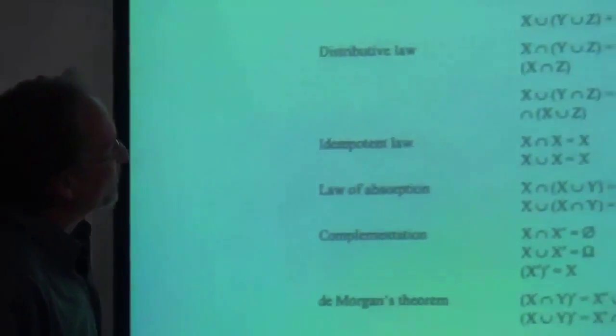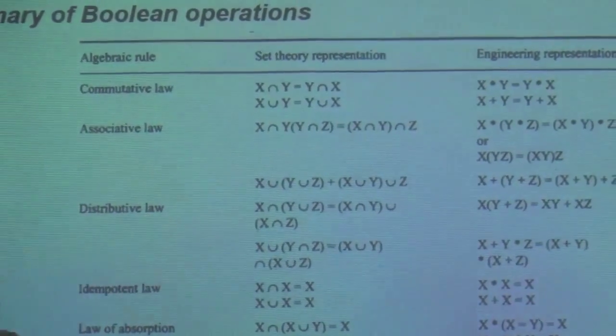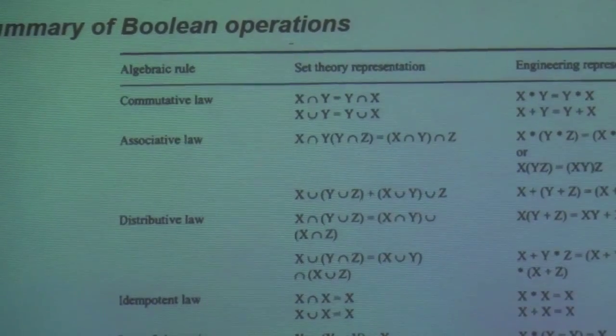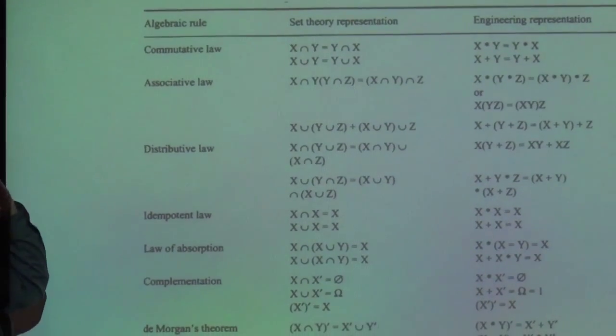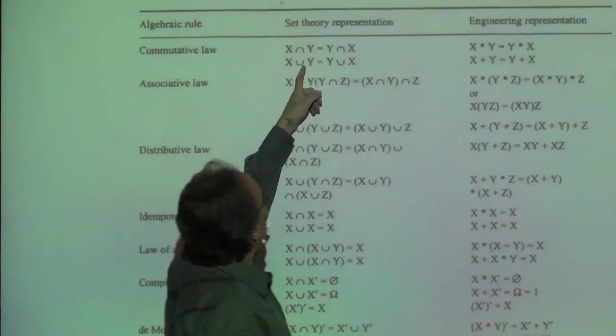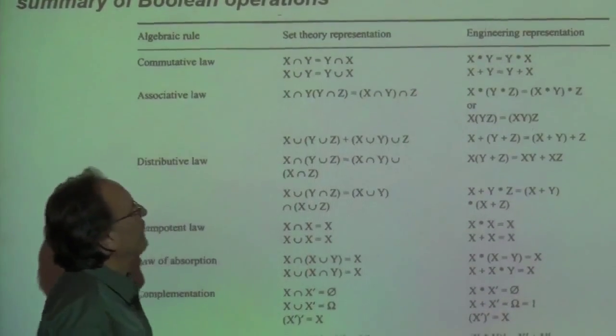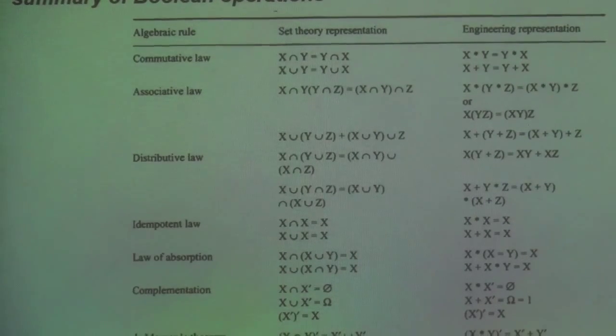This is for your reference, because we'll be using some of the engineering notation simply because it's easier to use. It's easier to write that than the intersect and union signs. The union, you use a plus, intersect, you use an asterisk. And it just shows you the relationship.